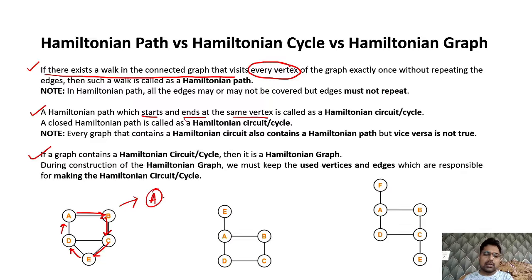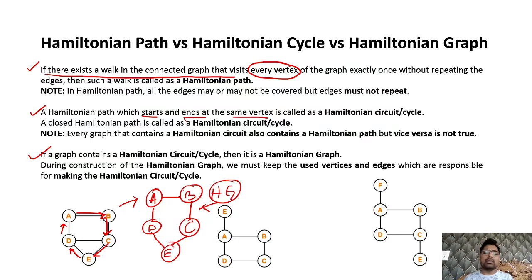So how to make the Hamiltonian graph then? This is how we can make the Hamiltonian graph. This is what the Hamiltonian graph, HG, is. Okay, the Hamiltonian graph will be written in this way.